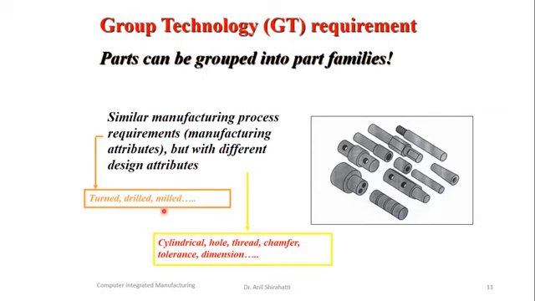These are different manufacturing processes, which can be grouped together. Irrespective of what type of drilling you want, either a 1 mm drill or a 10 mm drill, it doesn't matter. All those products go to the drilling operation.